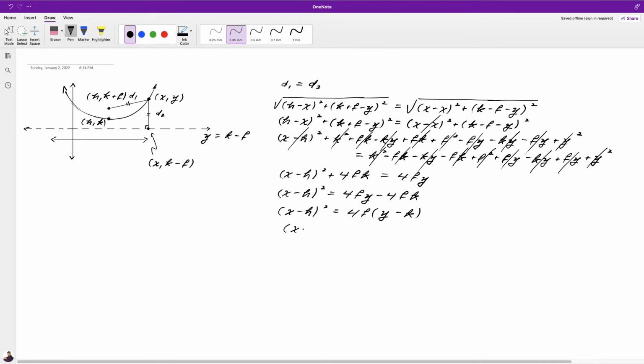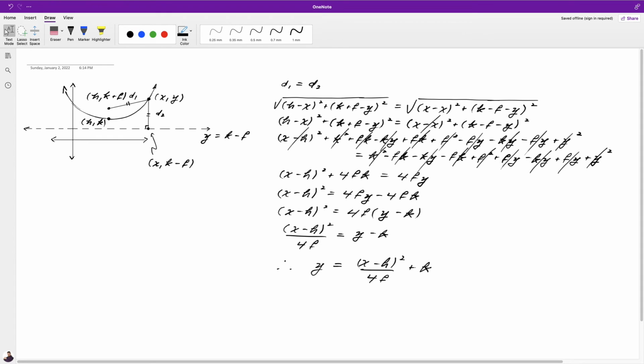That's going to give us x minus h quantity squared over 4f is equal to y minus k. And the form that we're accustomed to seeing is y is equal to x minus h quantity squared over 4f plus k. There you go.